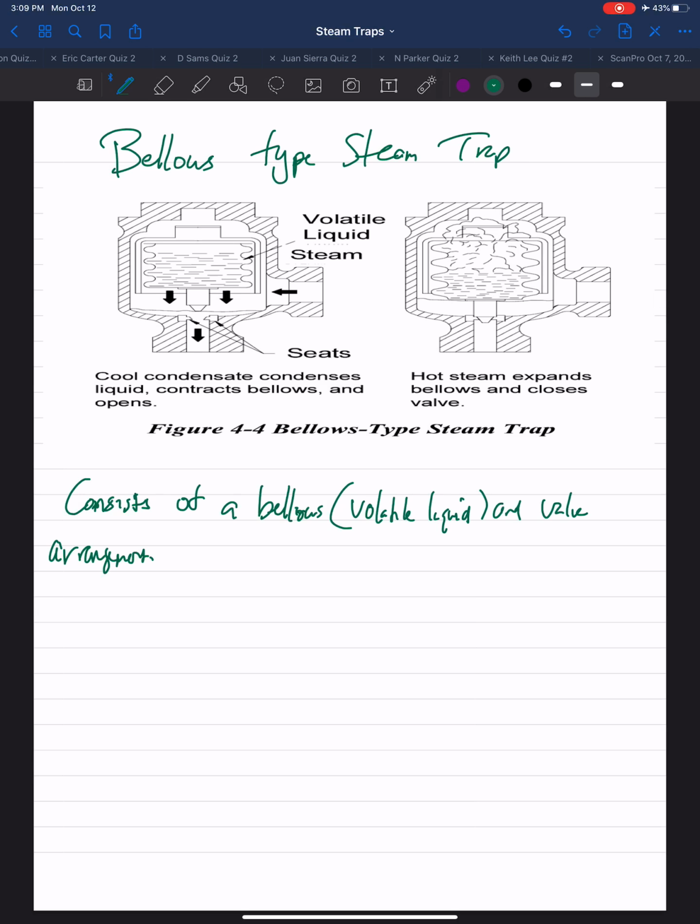So the bellows is filled with the volatile liquid. It's the bellows.